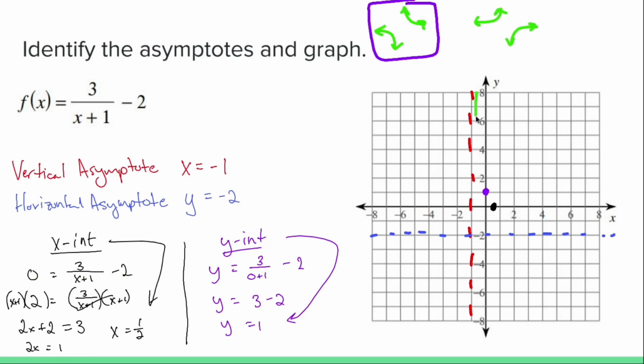But we're going to draw a curve that goes through these dots and kind of levels out at the asymptotes, like that. If I wanted to pick points and plug them in, I guess I could do that. But I'm just going to sketch it out nicely and have my green line follow the asymptotes. So that's how you graph a rational function along with identifying its asymptotes. Fun stuff.